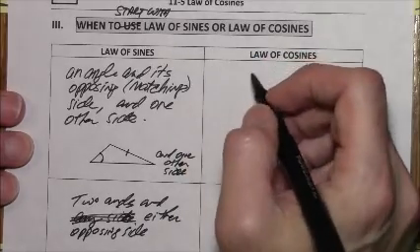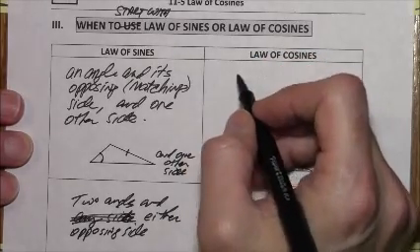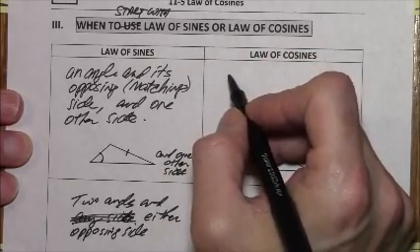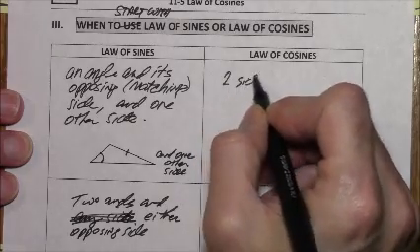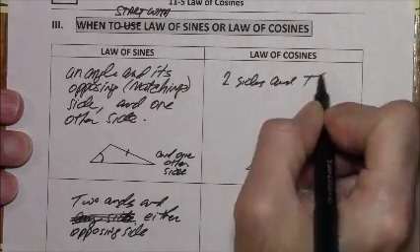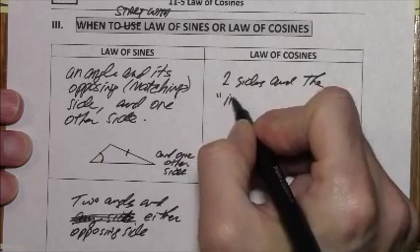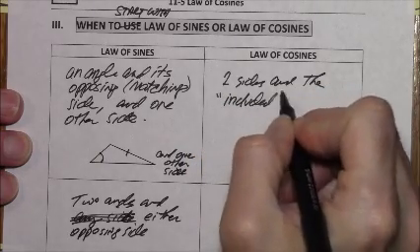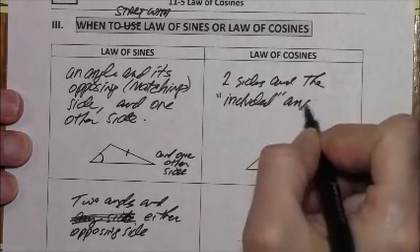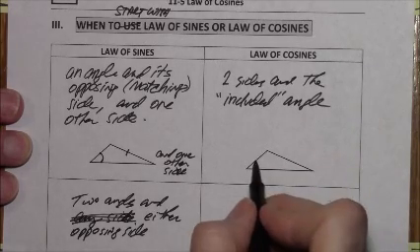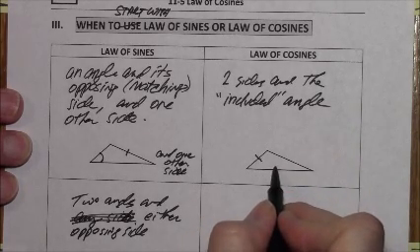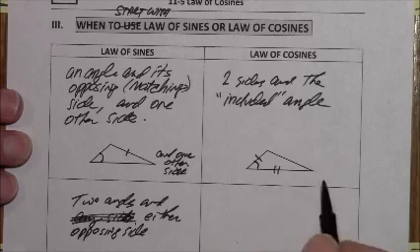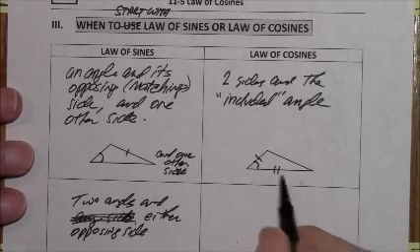So there are two main ways. You still need three things. So this would be two sides and the included angle. So it would be this side and, say, this side and then this angle, because that angle is in between those two sides.